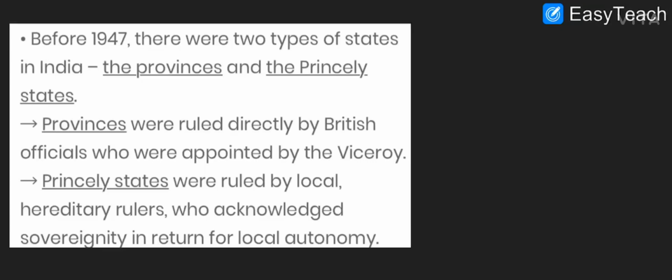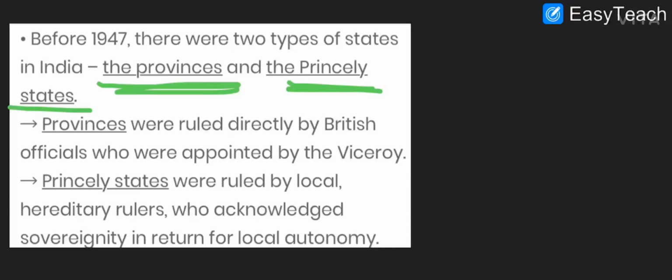So let's move forward. Before 1947 there were two types of states in India: the provinces and the princely states. What were the two types of states in India before our independence in 1947?